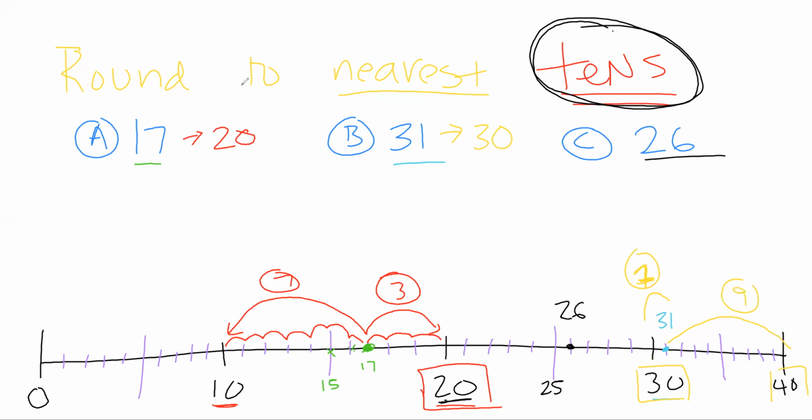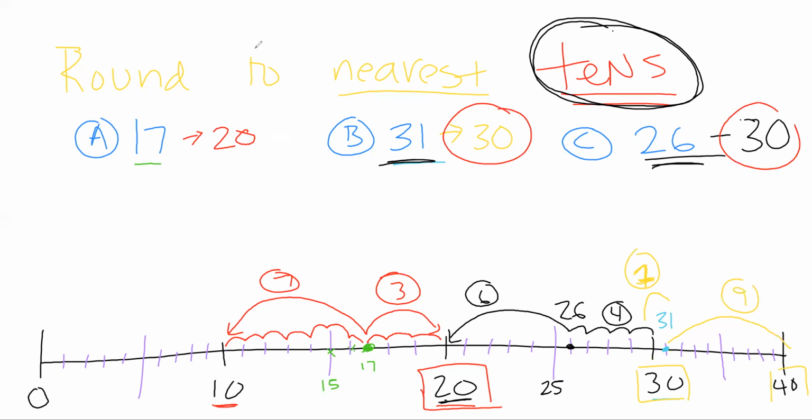And then we would ask ourselves how many hops, right? 1, 2, 3, 4 hops to get to 30, or 6 hops to get to 20. And obviously that means that 30 is the nearest 10. So that's an interesting thing. Notice that 31 and 26 both round to 30, which that's part of rounding when you think about the nearest 10, okay?